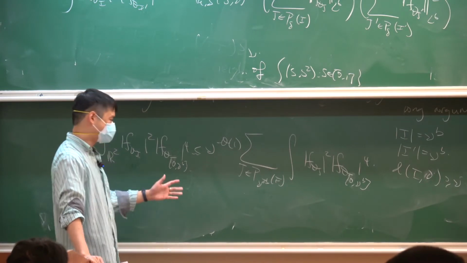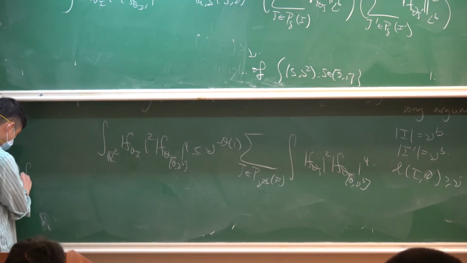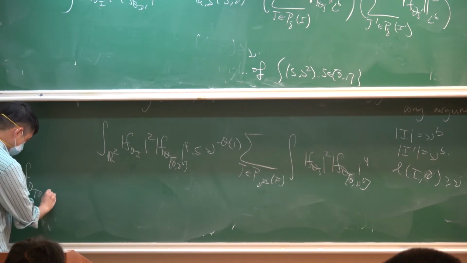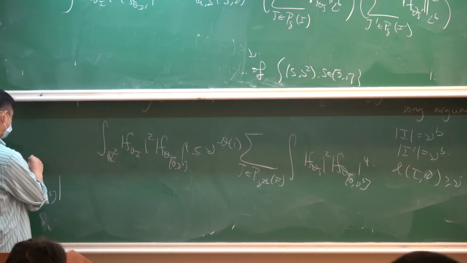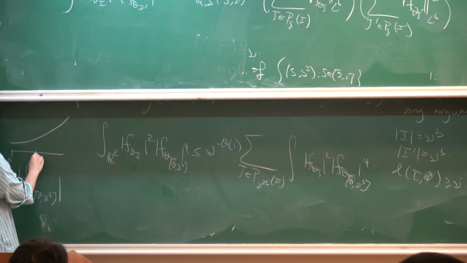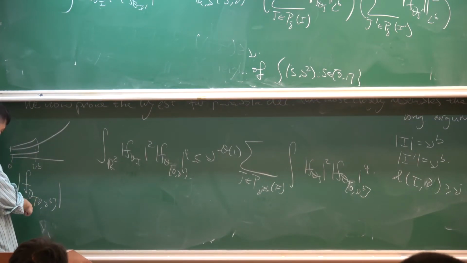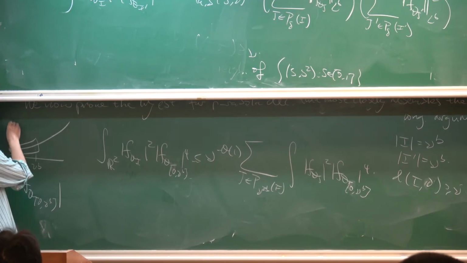Then I have to think about what this means. Well, we have the uncertainty principle. So f theta 0 nu to the b, where is this supported? This is 0 nu to the b. What's the direction? This is vertical.